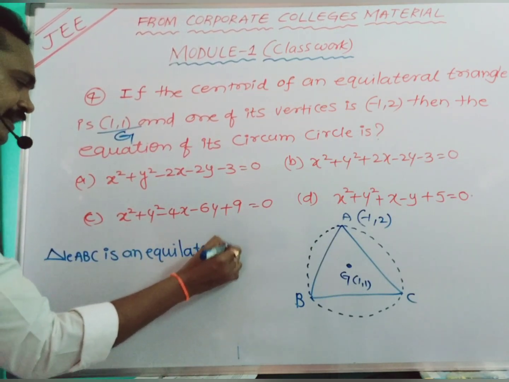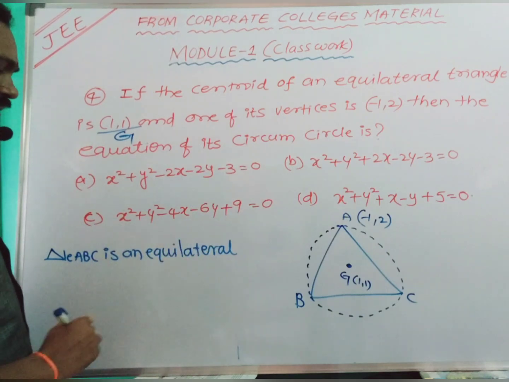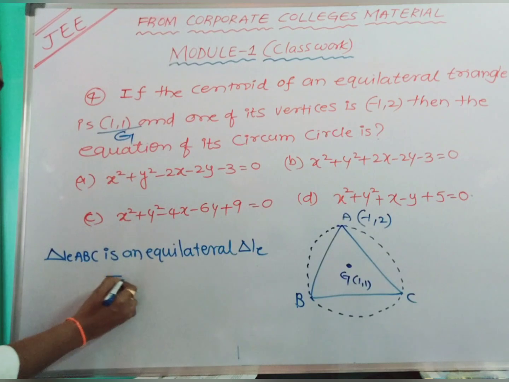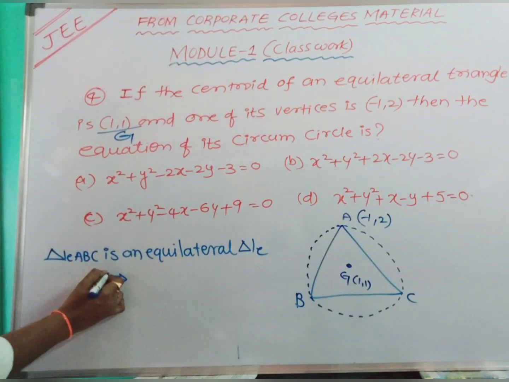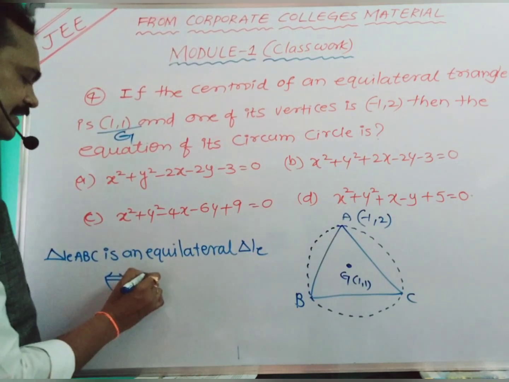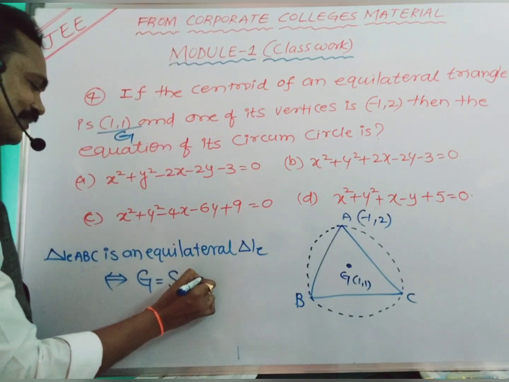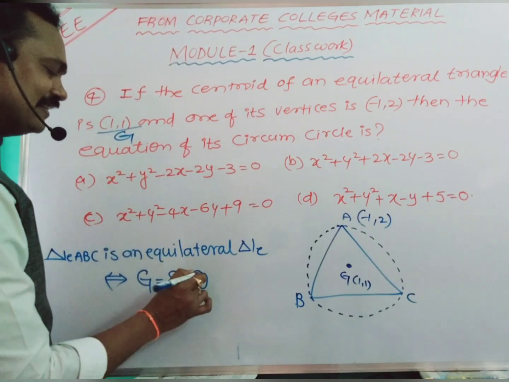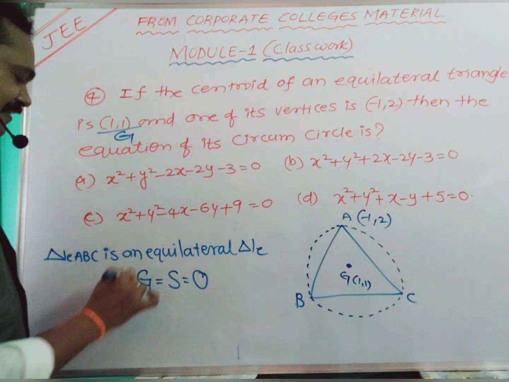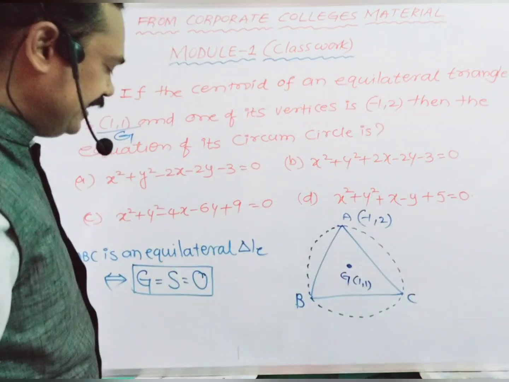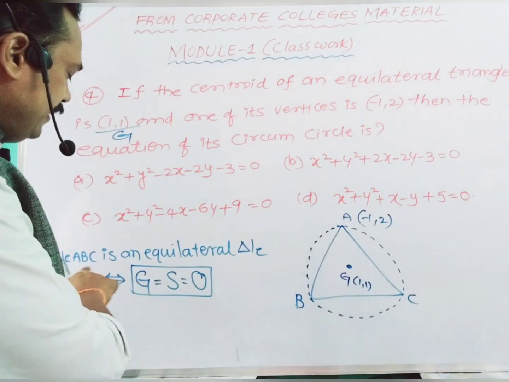Confirmed. In an equilateral triangle, the centroid is equal to the circumcenter is equal to the orthocenter. This is the most important point. You may have studied it in 11th standard. In an equilateral triangle, the centroid represents the circumcenter and also the orthocenter.